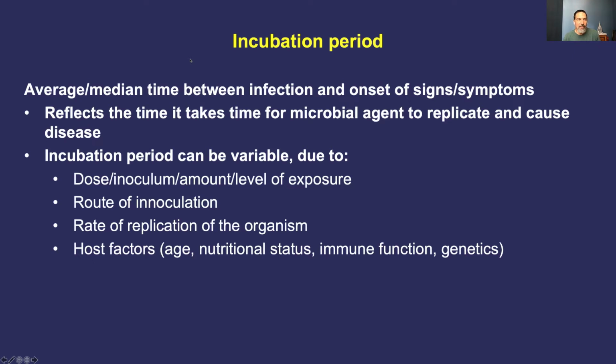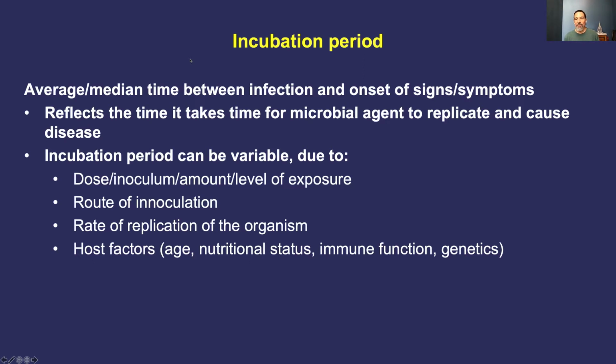Incubation periods can be variable due to the dose or inoculum or the amount or level of exposure to the agent, the route of exposure, so if it's breathed in versus if you're exposed through ingestion, and the rate of replication of the organism, as well as host factors such as age, nutritional status, immune function, or genetics.